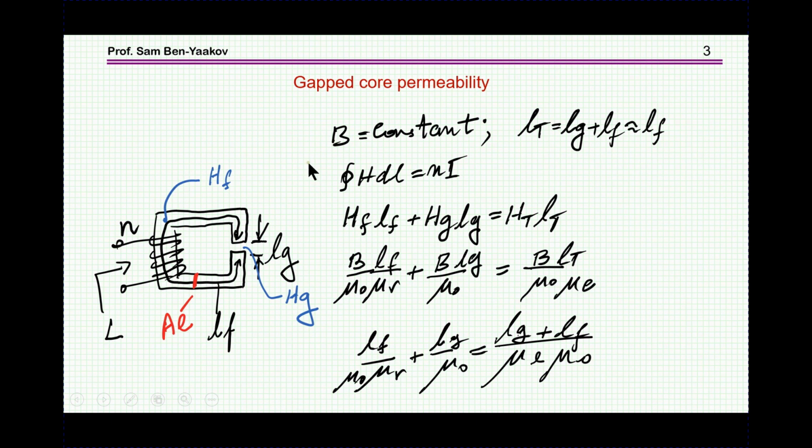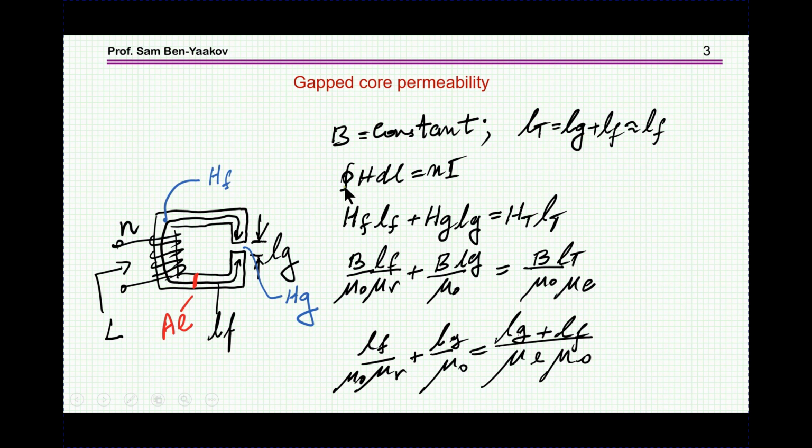So B is constant. The total length is the sum of the length of the gap plus the length of the ferrite, and in most cases the L sub T is approximated by the magnetic path length within the ferrite, because L sub G is normally like a millimeter.